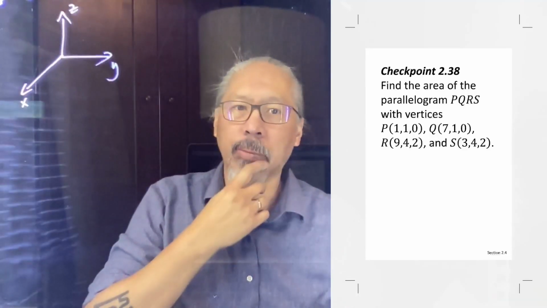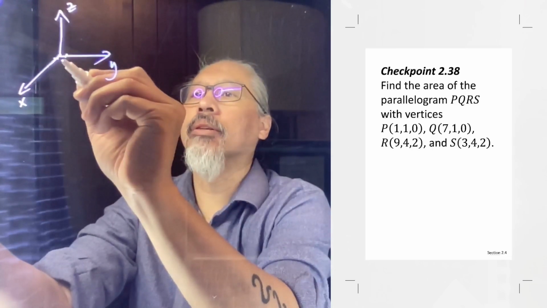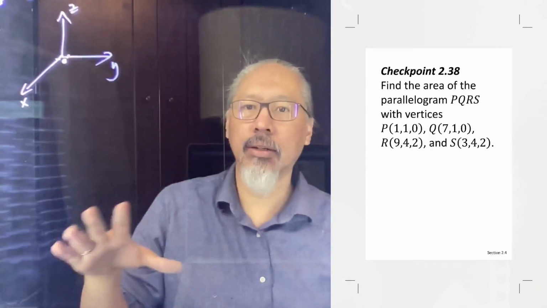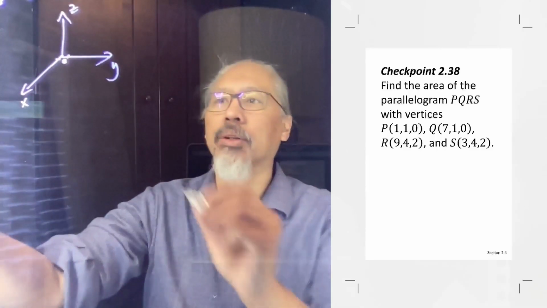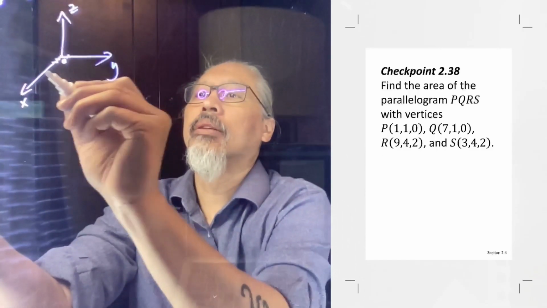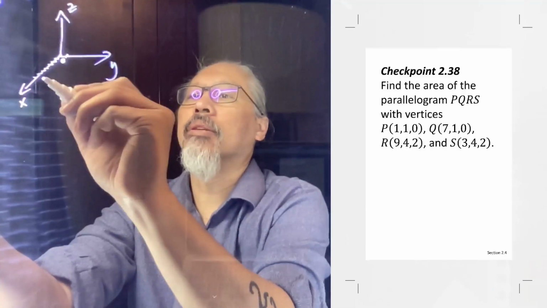We'll start off with our P. Our P is (1, 1, 0). It looks like it's going to be a point on the XY plane. Q is (7, 1, 0), so it's also on the XY plane.